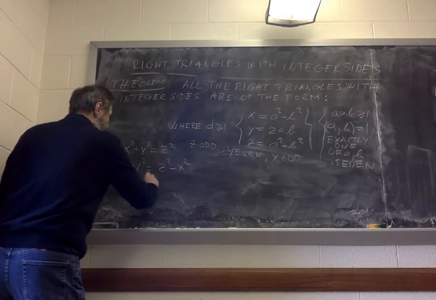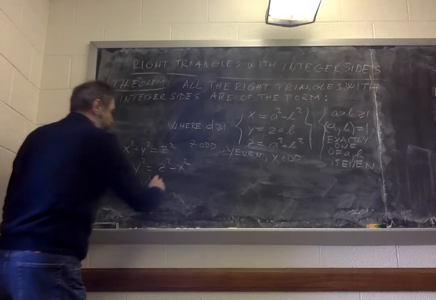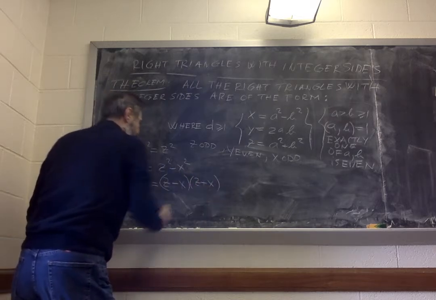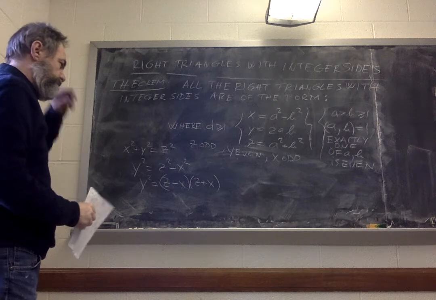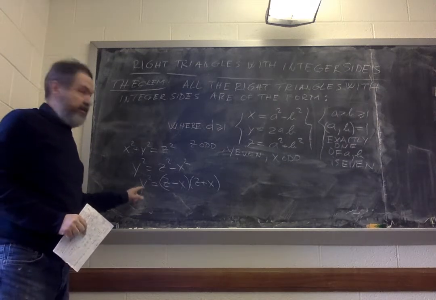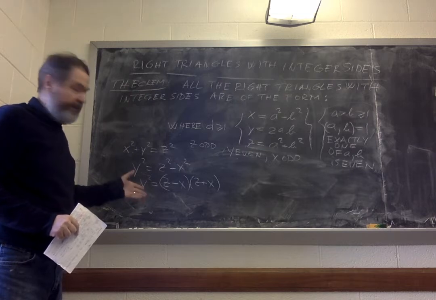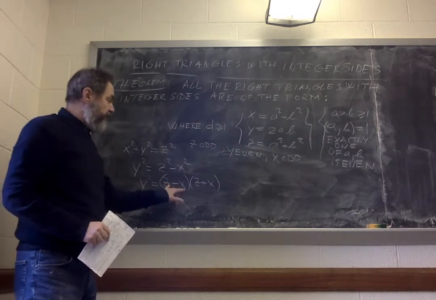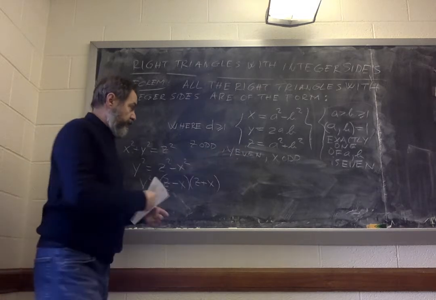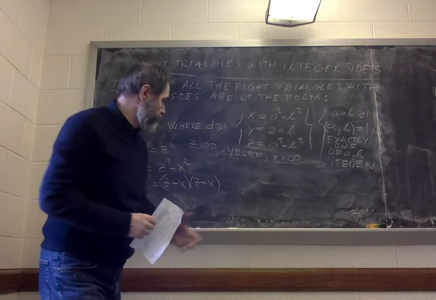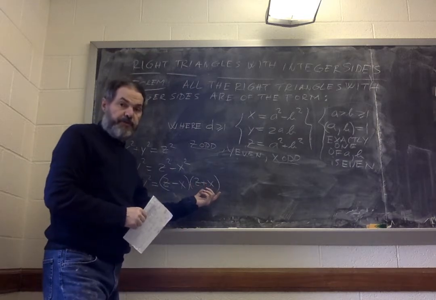So I have y squared is equal to z minus x times z plus x. Now, I know that y is even, so y squared is a multiple of 4. Both z and x are odd, so the difference z minus x is divisible by 2, and z plus x is also divisible by 2.